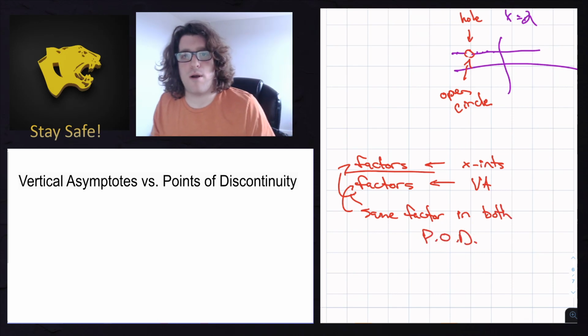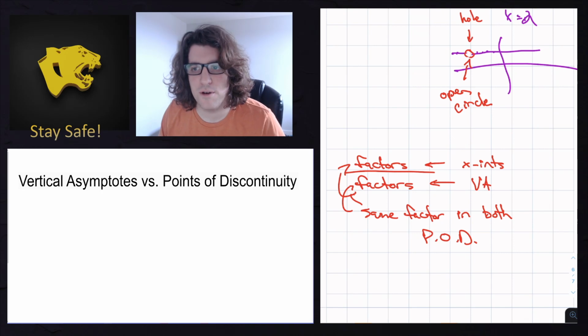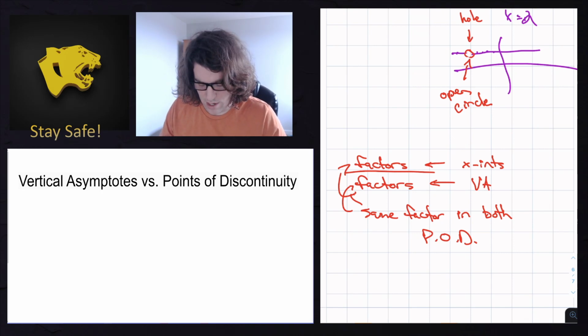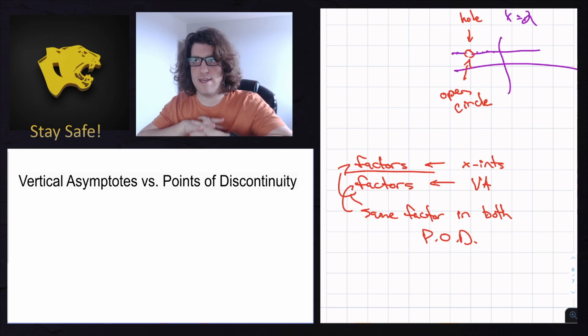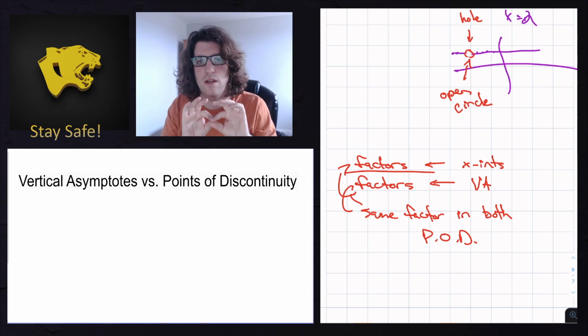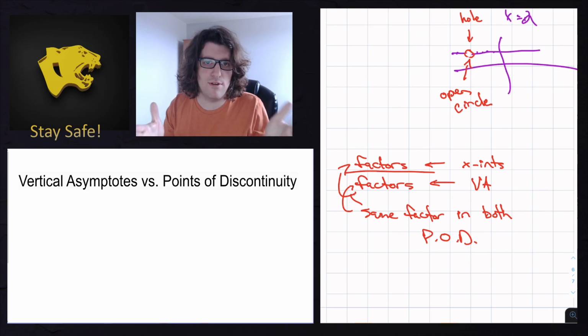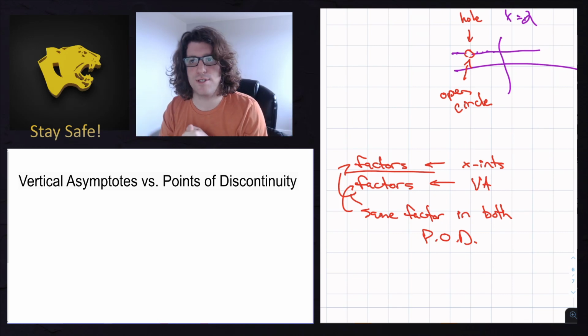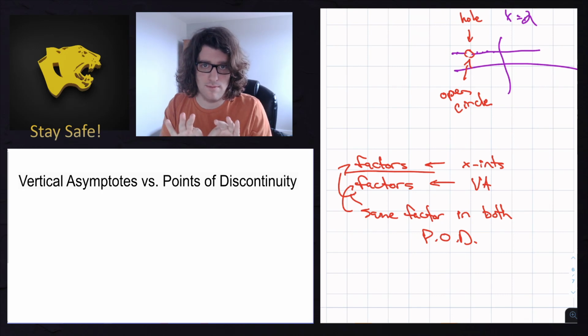So what we will probably do when we're analyzing these rational functions is take a look at the x-intercepts, where the factors in the numerator equal 0. You'll take a look at the vertical asymptotes.